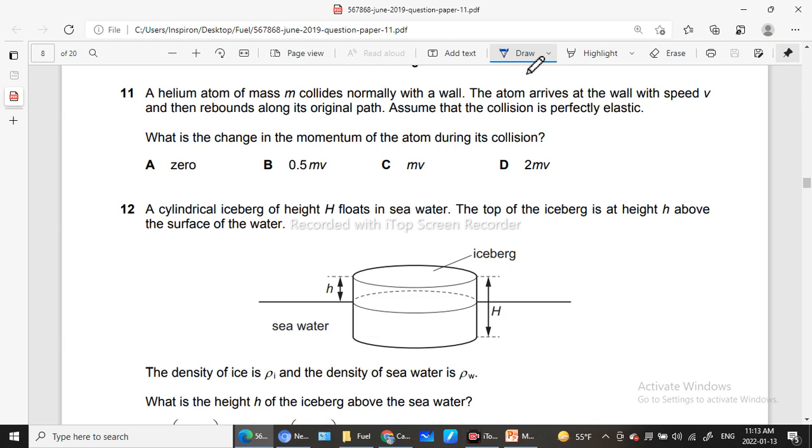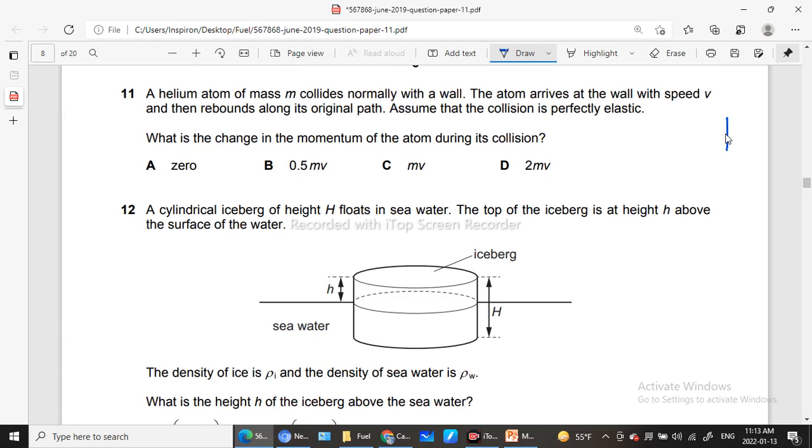Since the collision is perfectly elastic, the impact velocity equals the initial velocity in magnitude but in the reverse direction. So this is the velocity before impact. After impact, the velocity is negative v.